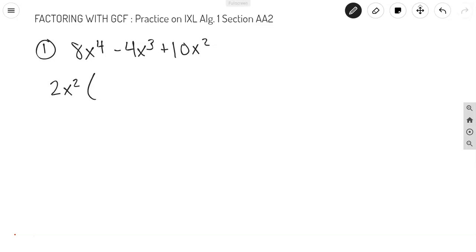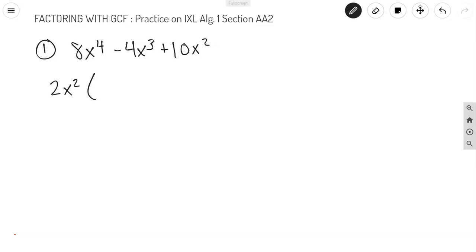So I take my 8x^4 and I divide it by 2x^2. Remember, factoring a greatest common factor is basically doing the opposite of distribution. So distribution is you take this and you multiply it by all these terms and you get something that looks like this. We're doing the opposite. So we're taking this and we're undistributing it, which is factoring.